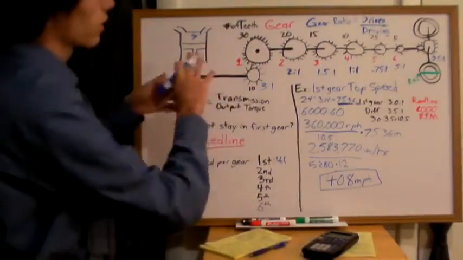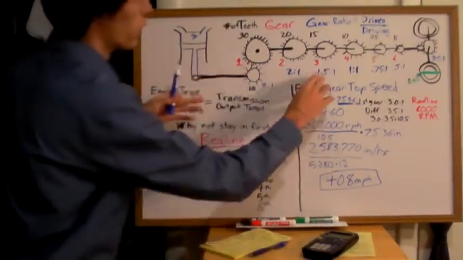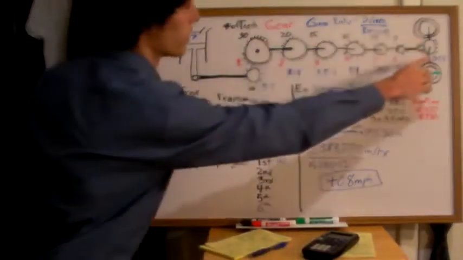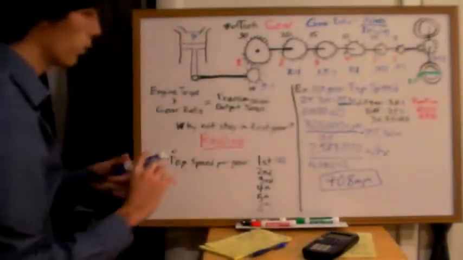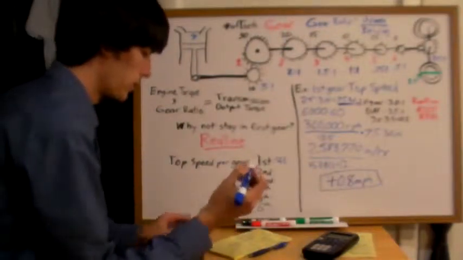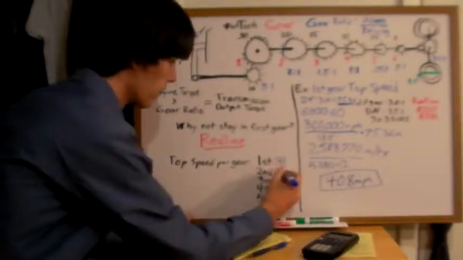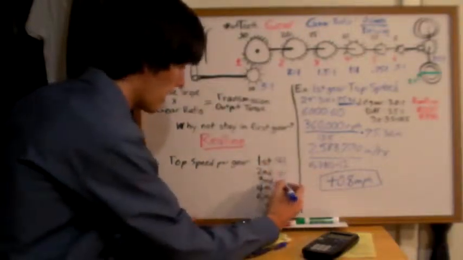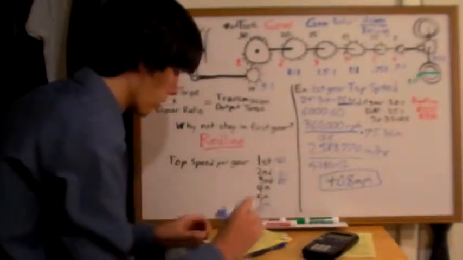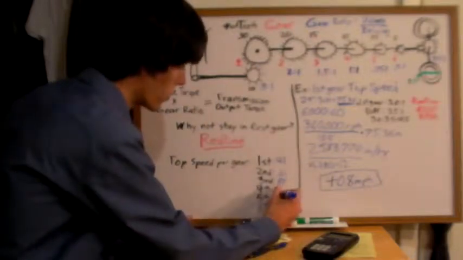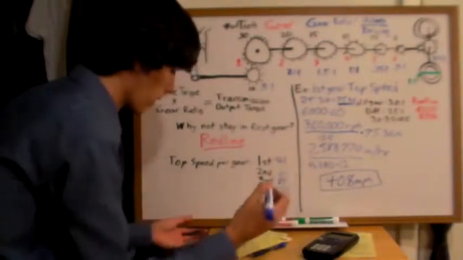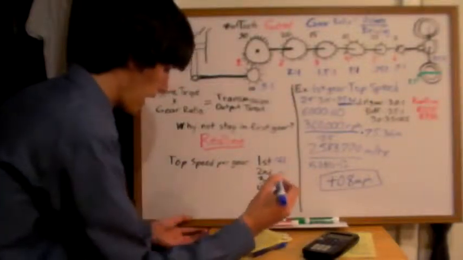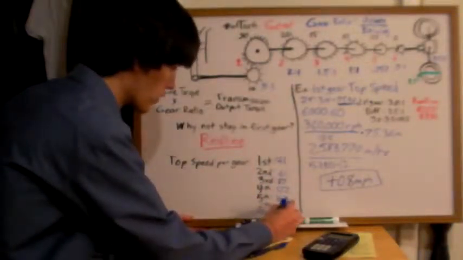For these gear ratios that I've got here, 3-to-1, 2-to-1, 1.5, 1-to-1, 0.75, and 0.5-to-1, with a differential gear ratio of 3.5-to-1, your max speeds, in miles per hour, are going to be 41, 61, 82, fourth gear is going to put you at 122, fifth gear is going to be 163, and sixth gear will limit you at 245.